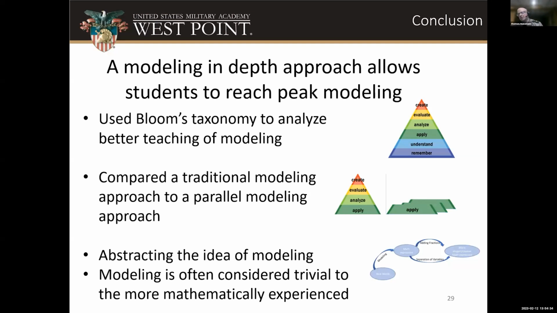And then I guess I'll kind of leave with a thought that modeling is often considered trivial to the more mathematically experienced. Just as the first time you teach linear algebra, after you've done it for a while, it just seems obvious. And I would say that many mathematicians don't understand the difficulty that students have when they first open this idea of what is modeling and how do I take a real world scenario and express it in math.